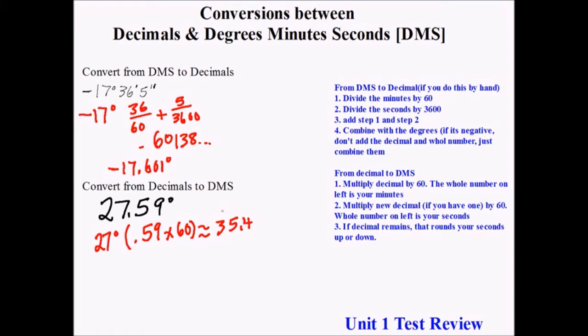This right now is your minutes. So I'm going to have 27 degrees, 35 minutes, and then multiply the new decimal by 60 again, and you end up with 24 seconds. Now, if you had a decimal after that, you would use that to round your seconds, but in this case, we didn't, so we move on. Do you have any questions?